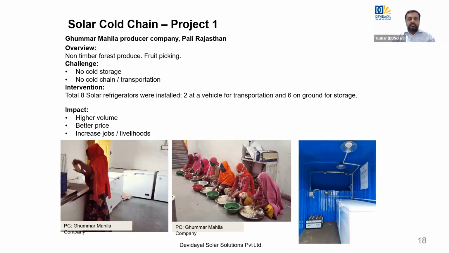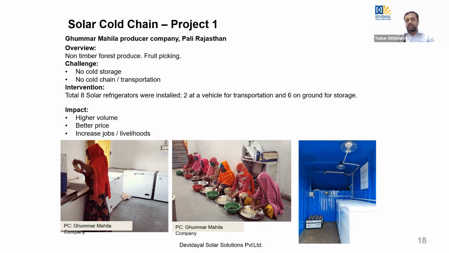So this was something that we actually implemented under the Efficiency for Access R&D fund. This was funded by IKEA Foundation and Efficiency for Access. Our mandate was very simple: we wanted to do something on mobile cold chain.